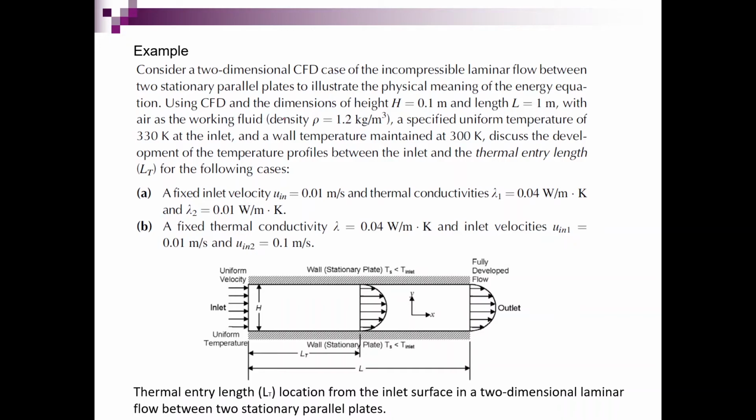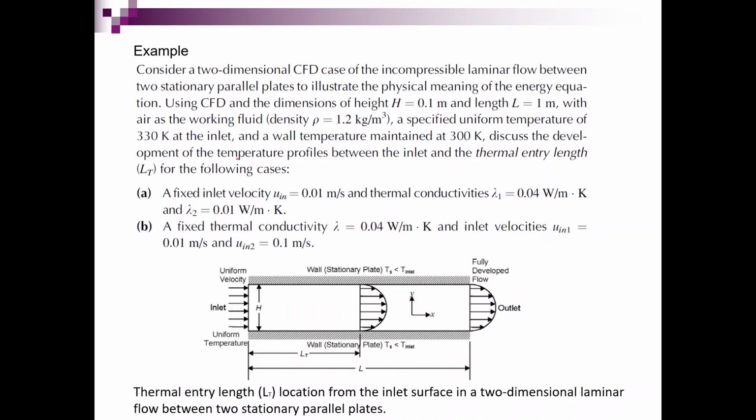Using CFD, the dimensions are height h equal to 0.1 and L equal to 1, with air as the working fluid, density equal to 1.2 kilograms per cubic meter, a specified uniform temperature of 330 Kelvin at the inlet, and a wall temperature maintained at 300 Kelvin.